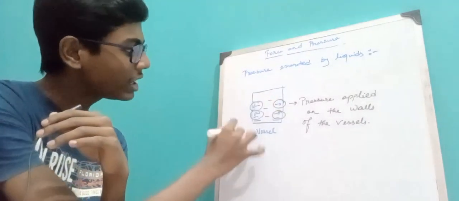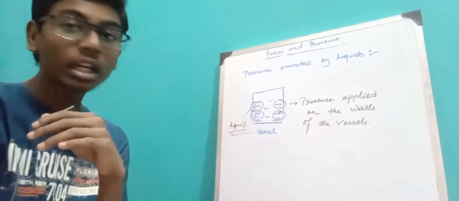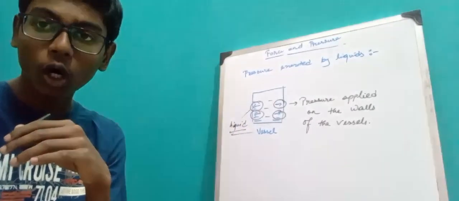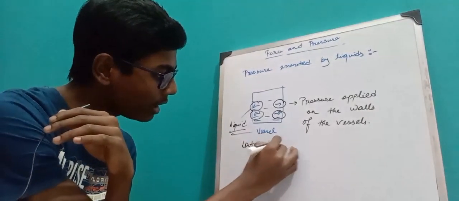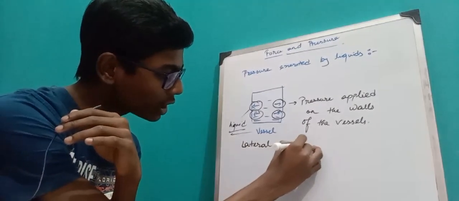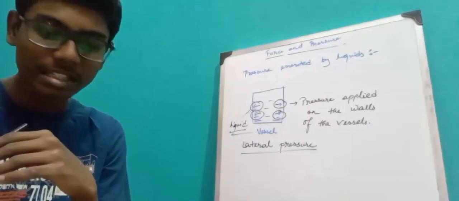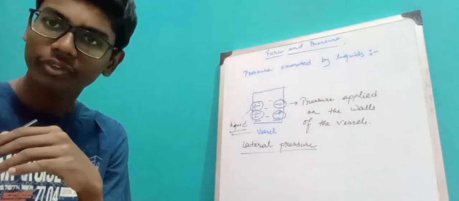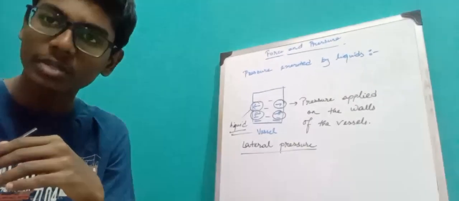And water is obviously a liquid. This pressure applied is called lateral pressure. This pressure exerted by a liquid on the walls of the vessel is called lateral pressure. Now, liquid pressure can be measured by a device called manometer. Okay.